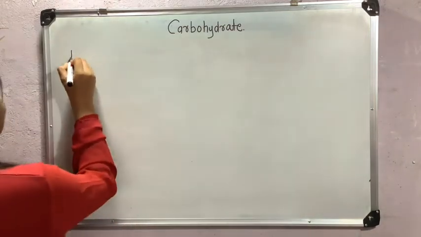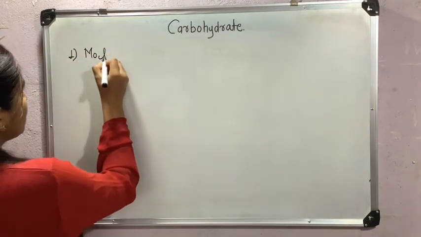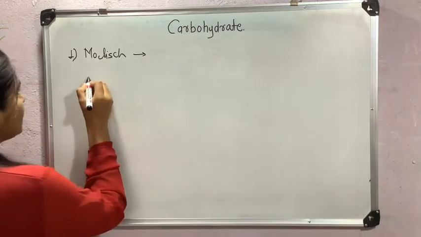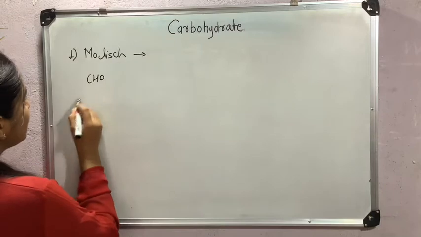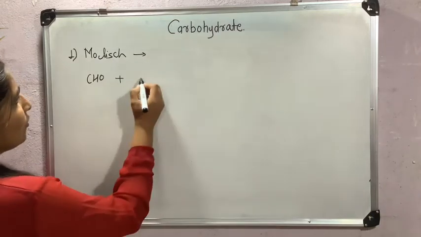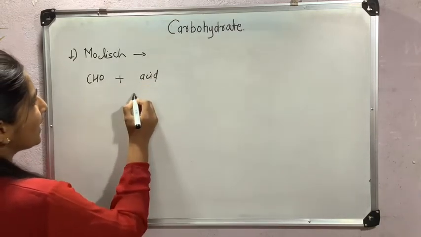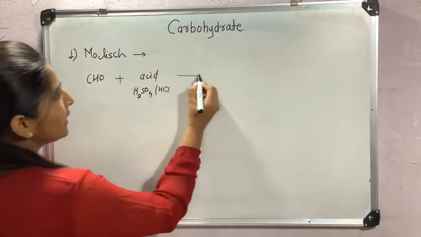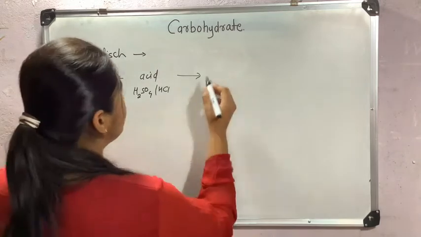The Molisch test is used for identification of carbohydrate. The principle is that when carbohydrate is allowed to react with a strong acid like H2SO4 or HCl, there is a formation of furfural.